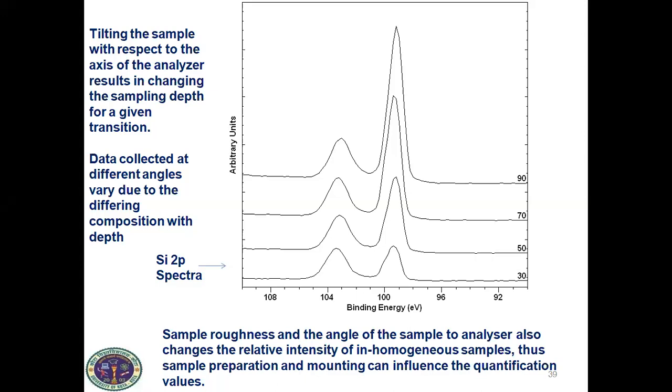So why does this happen? At a 30 degree angle, the measurement favors the topmost oxide layer of the silicon. So basically silicon oxide is there and there is no interaction with the elemental silicon in the substrate.